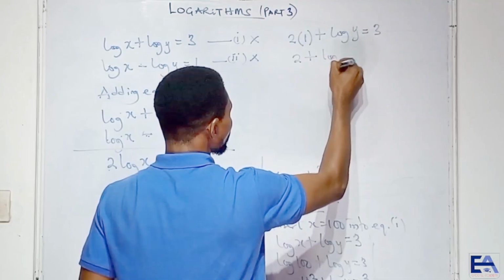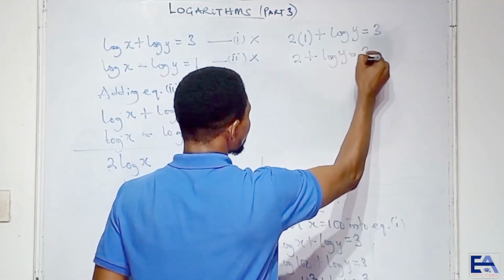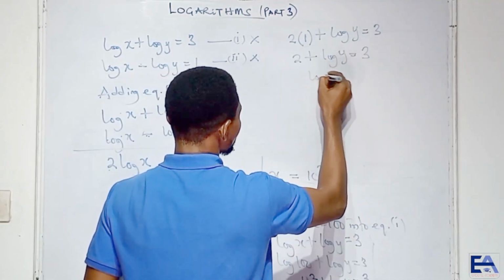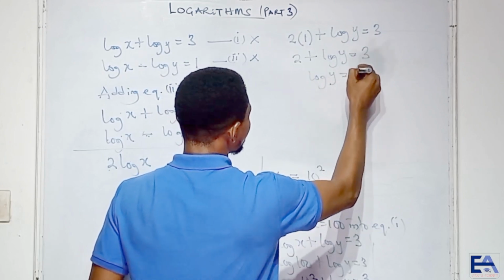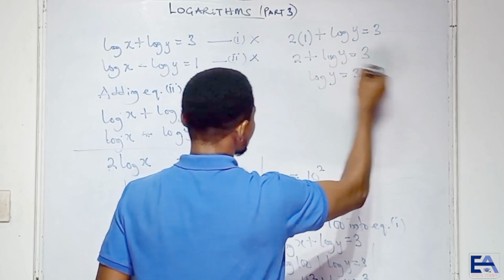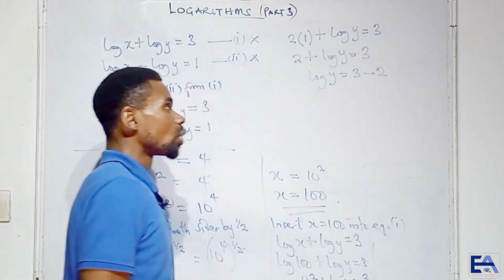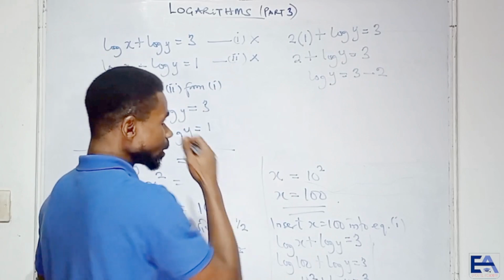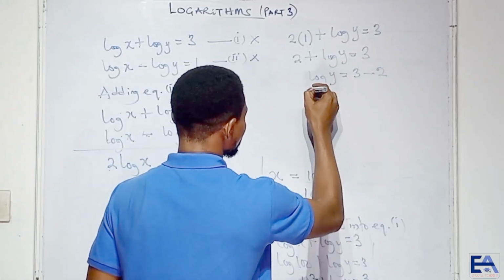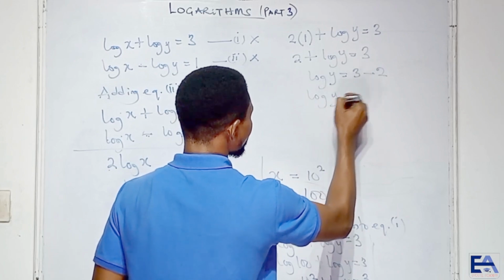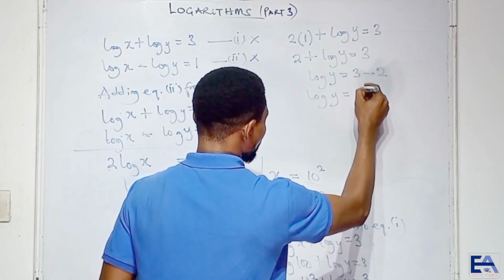So 2 plus log y equals 3. It means log y is equal to 3 minus 2, taking this 2 to the other side. So log y is equal to 1.